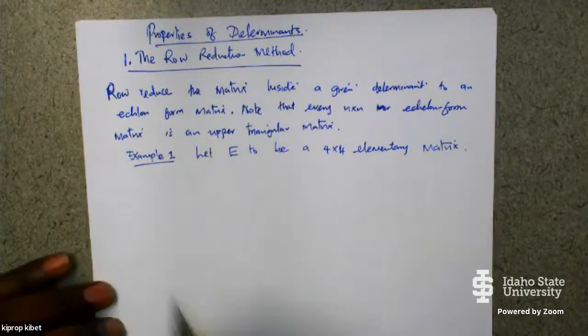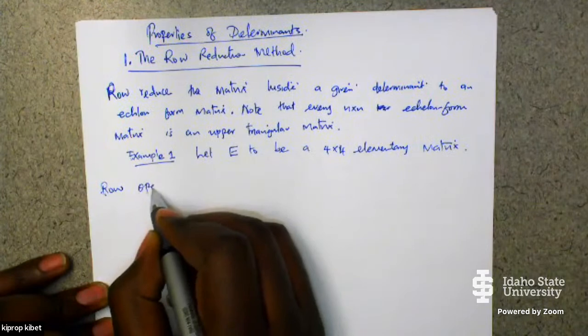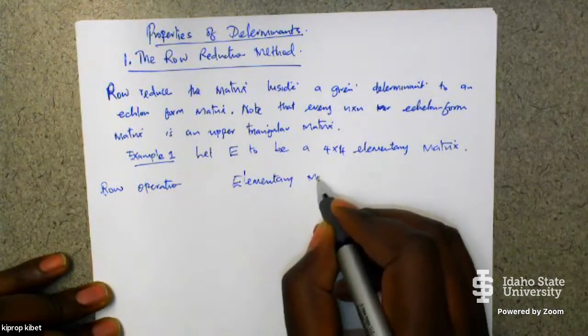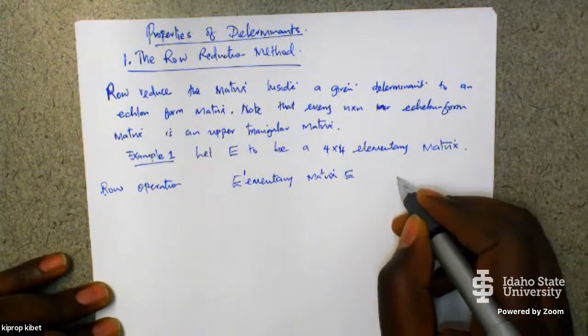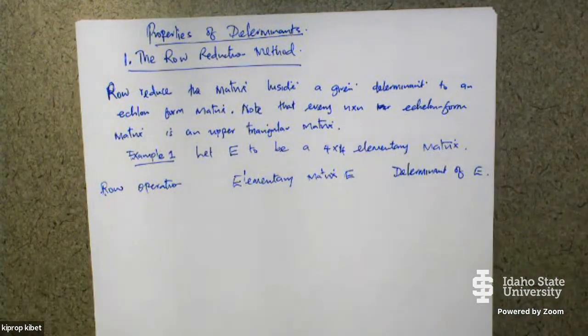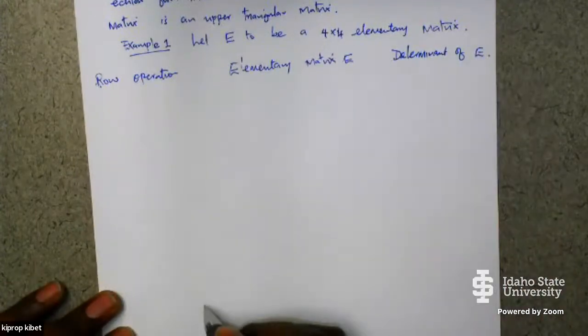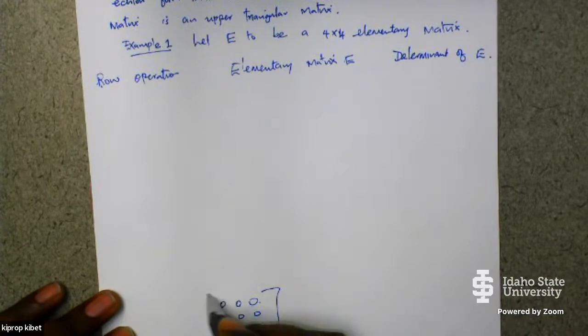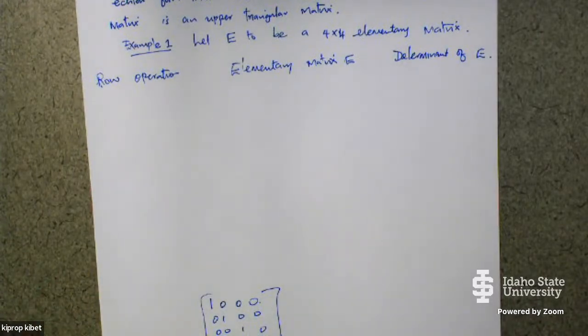Then we have the row operation, the elementary matrix E, and the determinant of E. A 4 by 4 identity matrix has 1 0 0 0, 0 1 0 0, 0 0 1 0, 0 0 0 1.